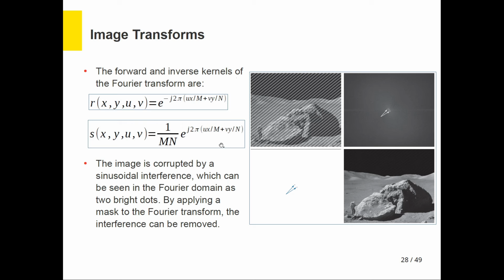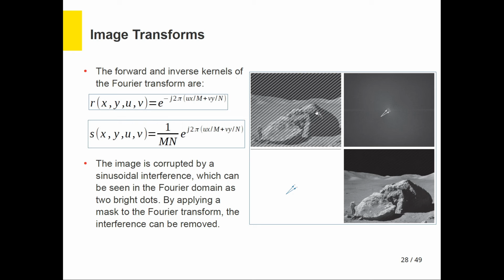I will go over them in much more detail in a later lecture of the course, but for now, let's talk about them more visually. Let's assume we have this image of the surface of the moon, and as you can see, this image is corrupted by a sinusoidal interference that basically affects all the regions in the image.